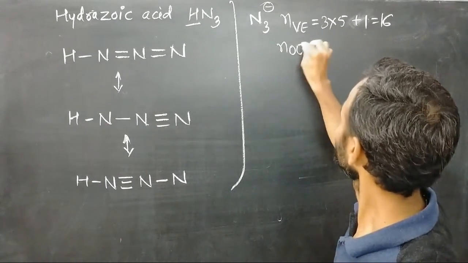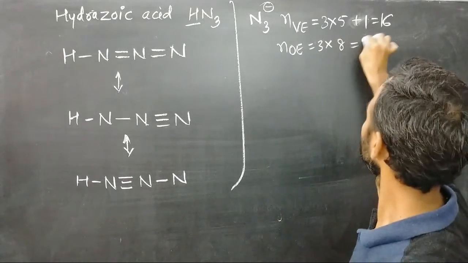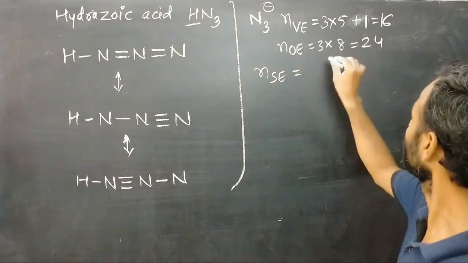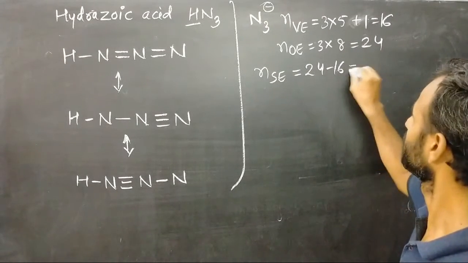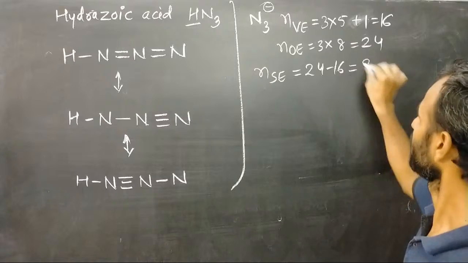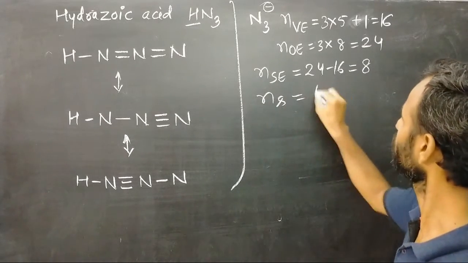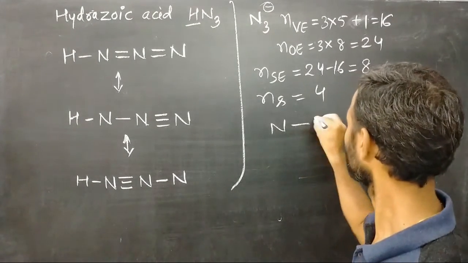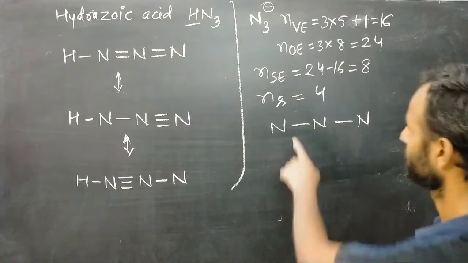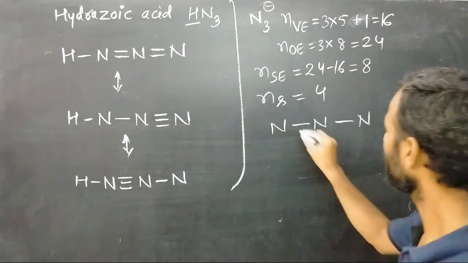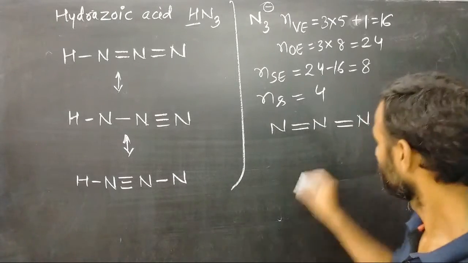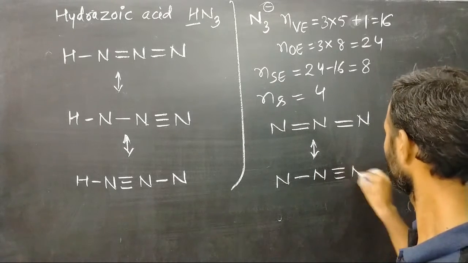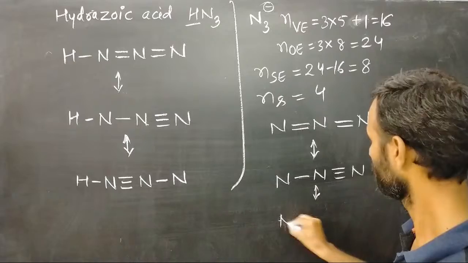Now, to complete their octet, 3 into 8, 24. So the number of shared electrons is 24 minus 16, 8. So the number of shared pairs equals 4. The shared pairs of 4 between 3 nitrogen atoms can be 2 2, or 1 3, or 3 1.